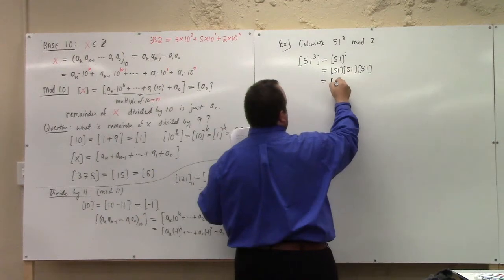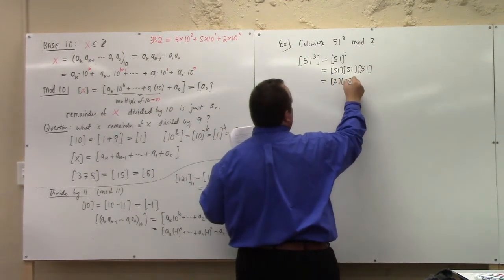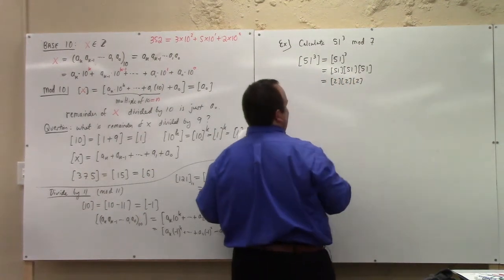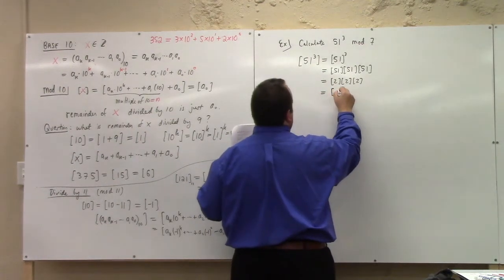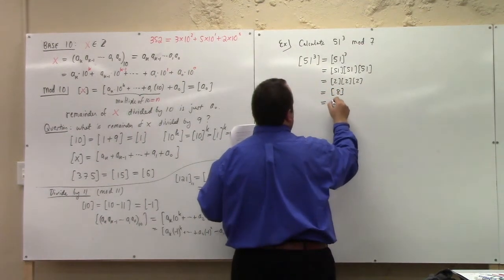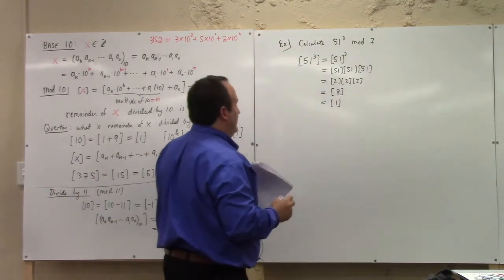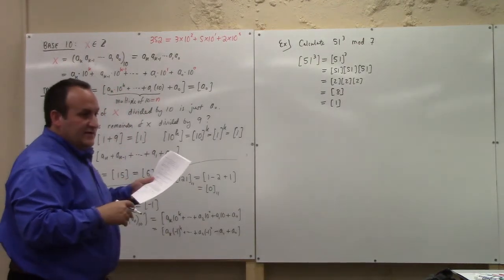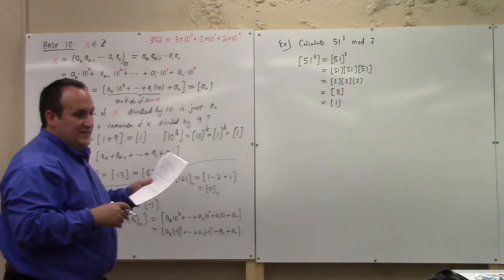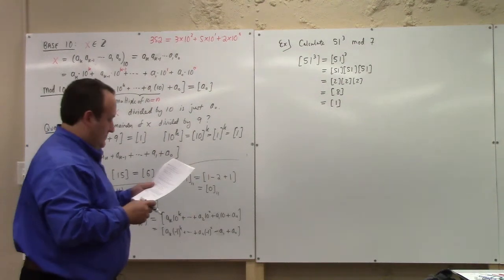So that's 2 cubed, which of course is 8, which is 1. So to put it in other words, the remainder of 51 cubed divided by 7 is 1.